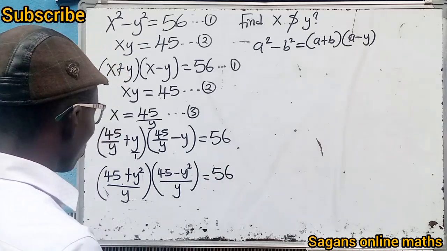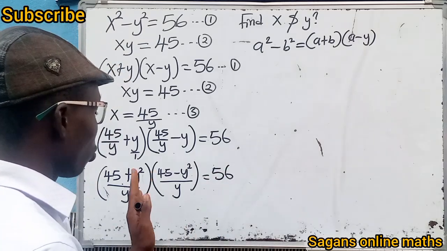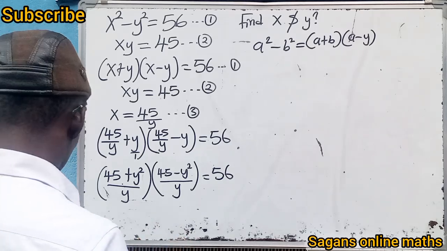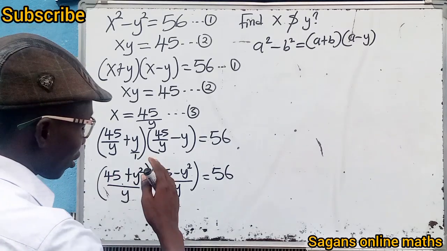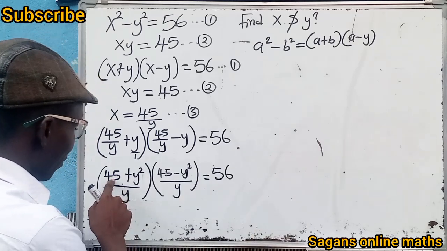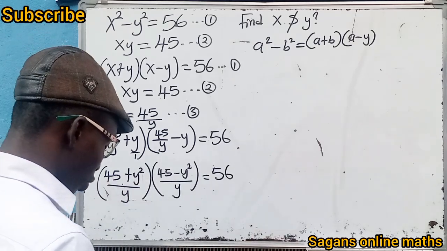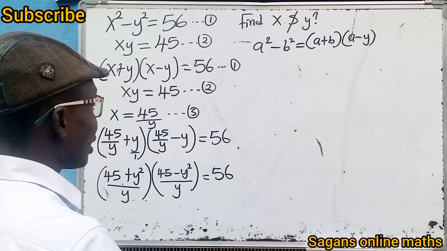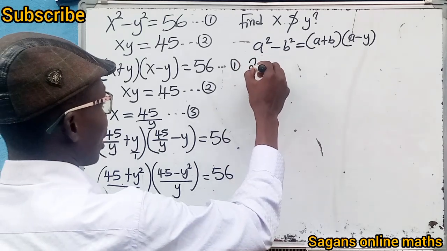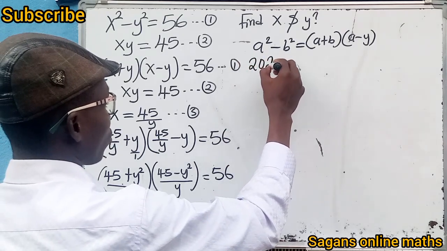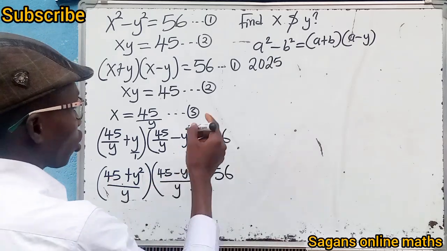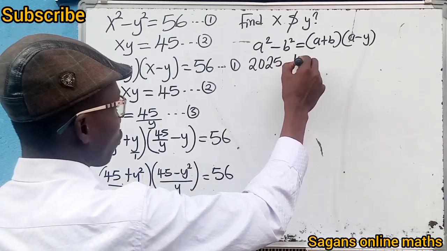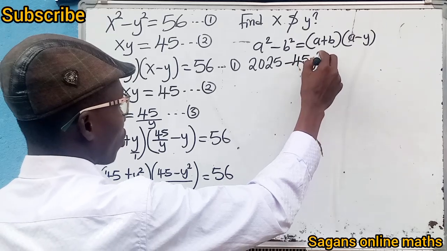Now we are going to open the parentheses, multiplying everything on the left-hand side by everything on the right-hand side. So 45 times 45 will give us 2025. Then 45 times minus y squared gives minus 45y squared.